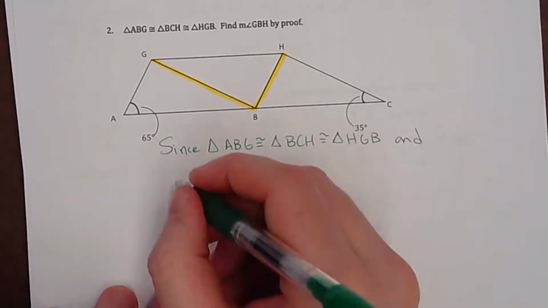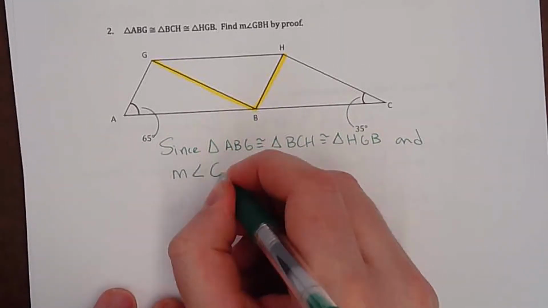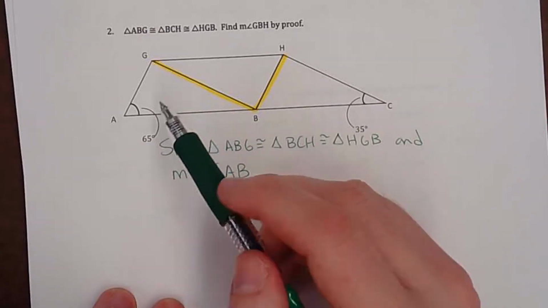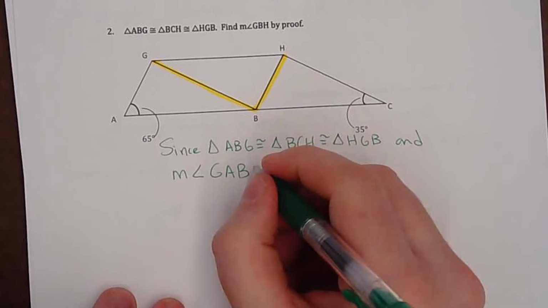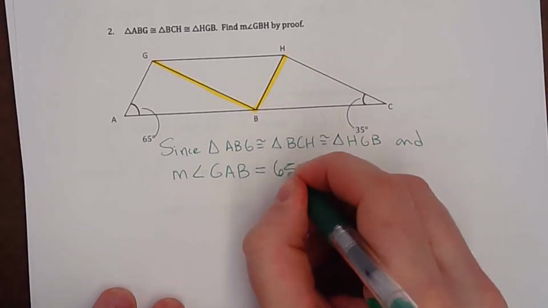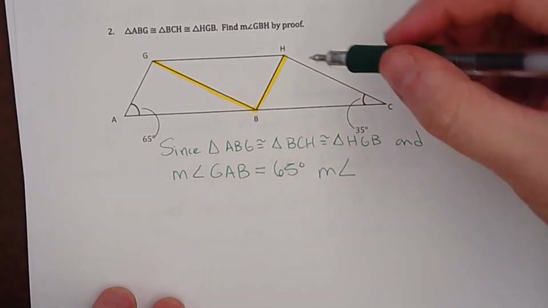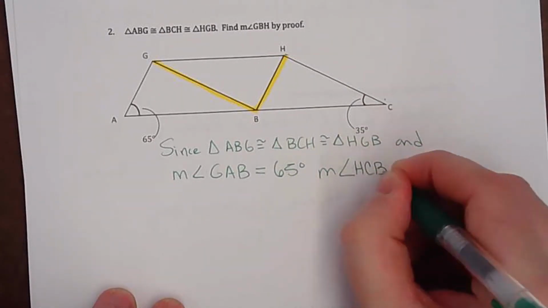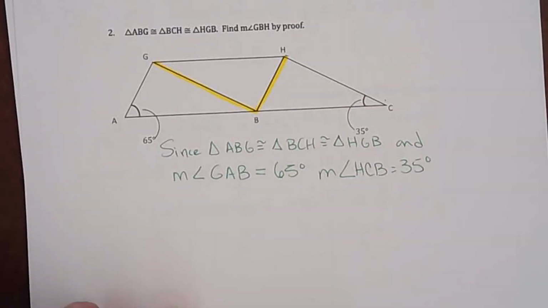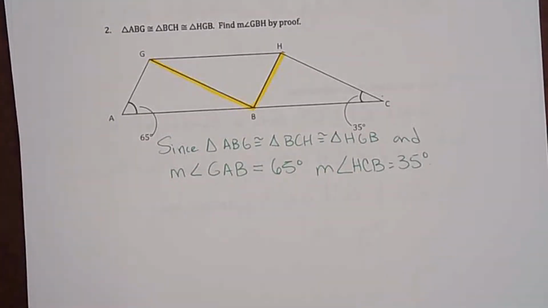And what else did they give us? Measure of angle GAB. This one right here. What's the measure of GAB? 65. And the measure of angle HCB, what's that? 35.